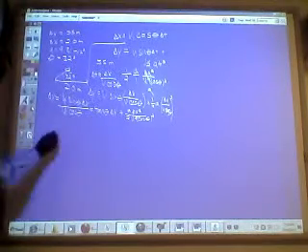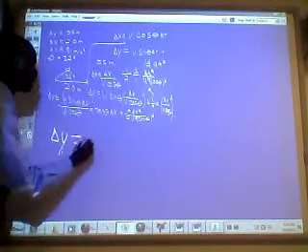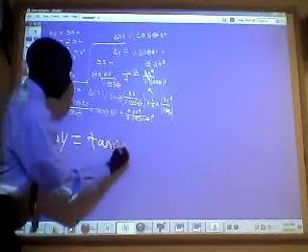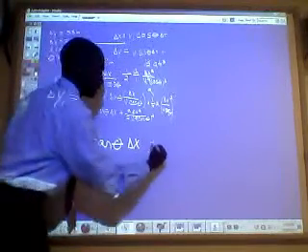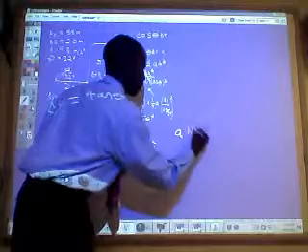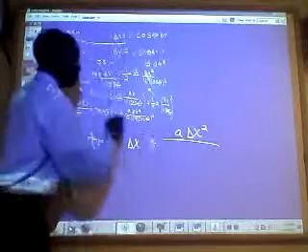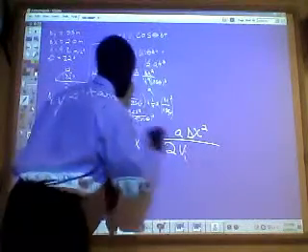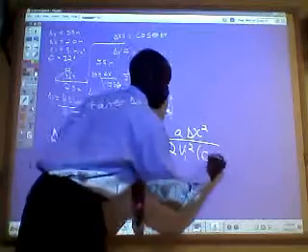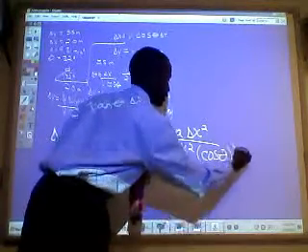Delta y equals tangent theta delta x plus a delta x squared over 2 v sub I squared cosine theta squared.